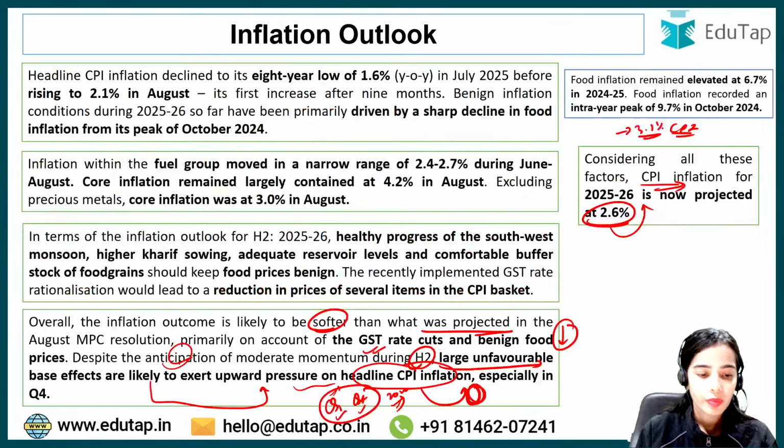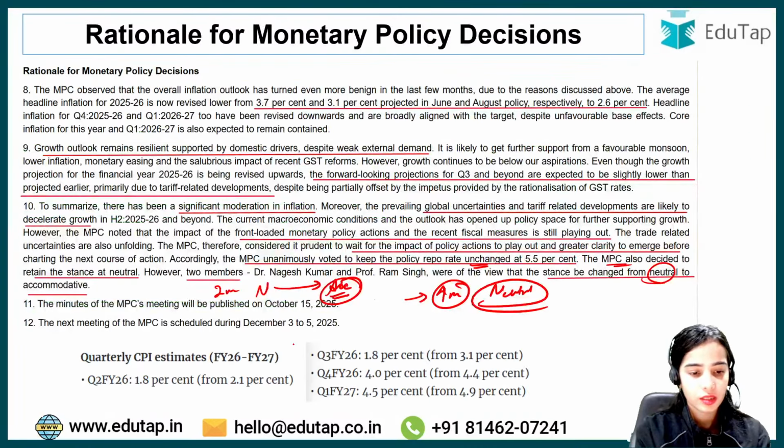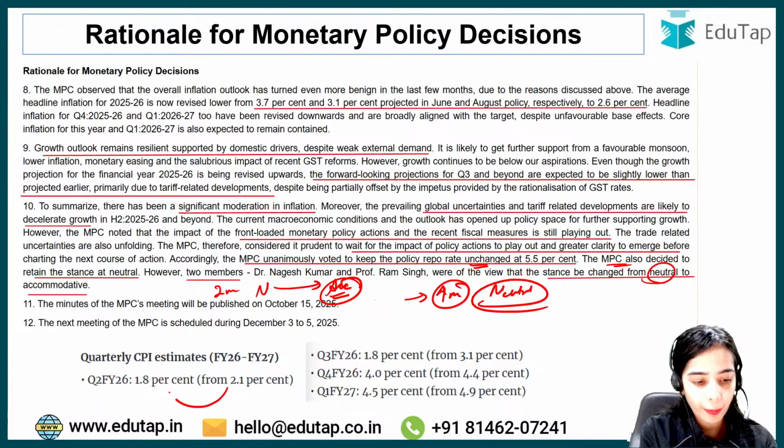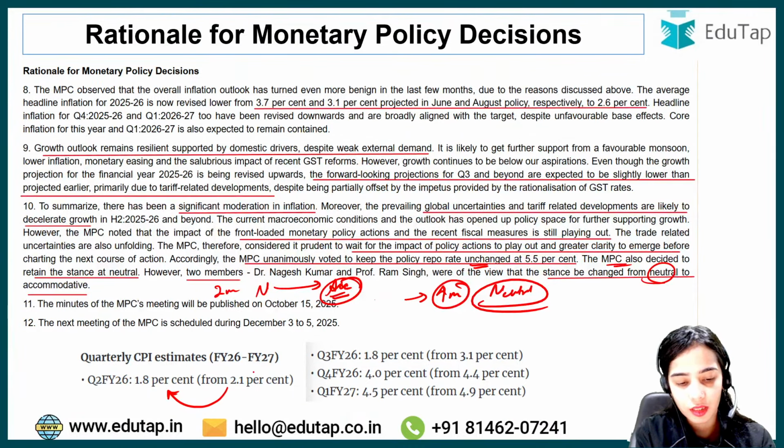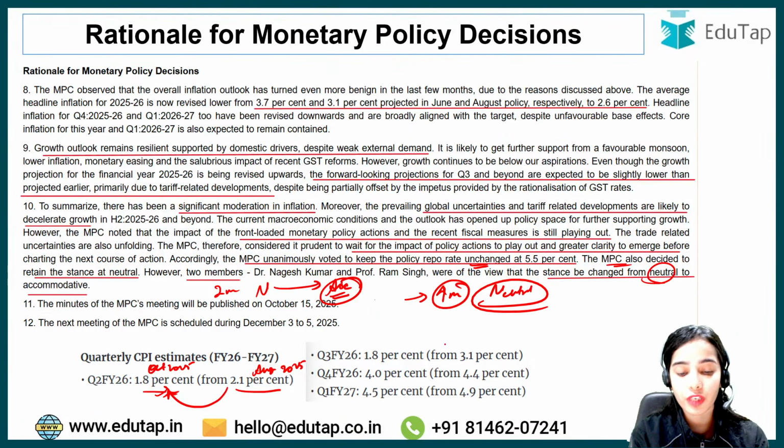Okay, so basically, in quarter 1 and quarter 2 also, inflation was projected at these percentages in the August 2025 meeting. Now in the October 2025 meeting, it has been said that the inflation projection is even lower.